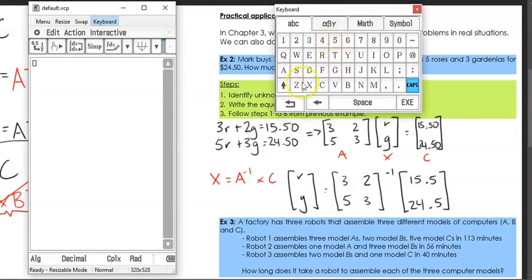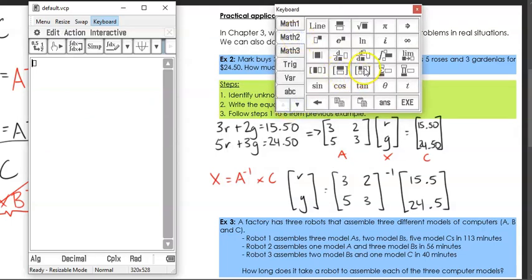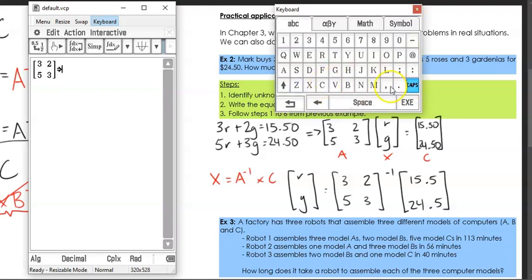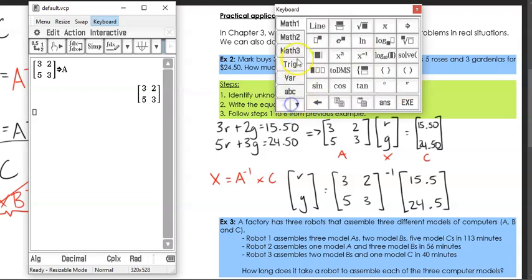So let's put in math 2 matrix. We want to put 3, 2, 5, 3 for the first matrix. Establish that as A, execute that, and then matrix C, which is a column, 15.5 and 24.5. We want to establish that as matrix C.